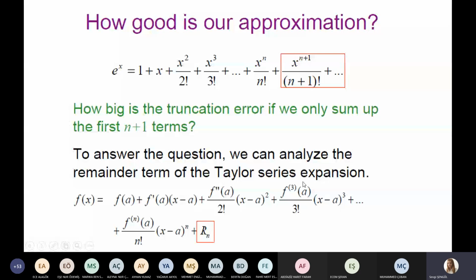And now we are going to be asking how good is our approximation. If we only sum up n terms, you can consider only 2 terms. Yeah, you can do that, but your error is going to be much higher. You can consider up to 10 terms, it depends on that. But how can we quantify this error? We can do it by using the remainder term.